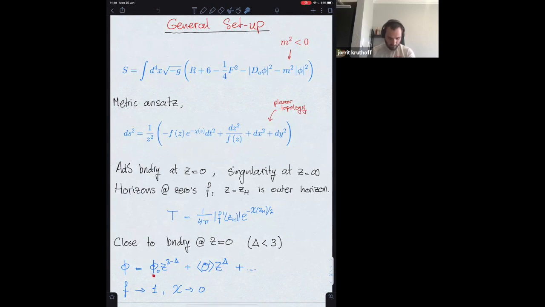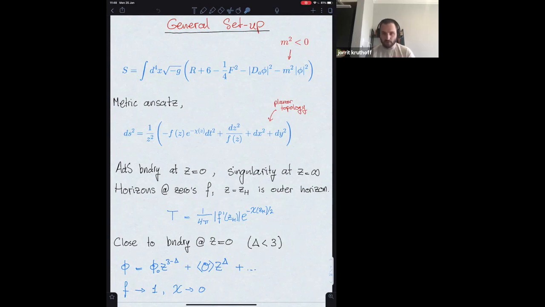Sometimes we'll consider cases where phi 0 is 0. For instance, if we consider a holographic superconductor, which is spontaneous breaking of the U(1) symmetry, so there's no source here. And in that case, as I said, the dimension will be less than 3.